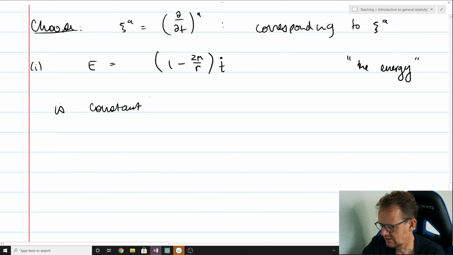We'll continue to call this the energy, despite these subtleties, because in the special relativistic limit, this really is the energy.